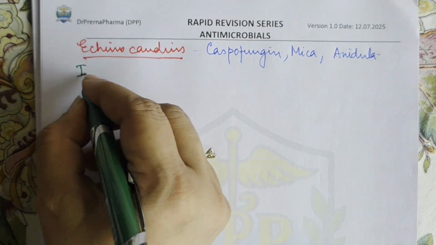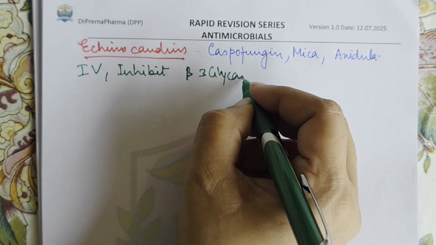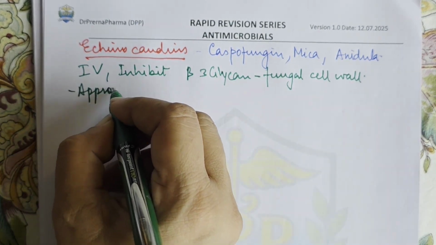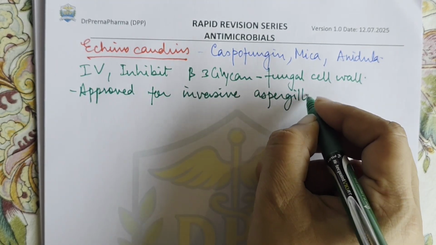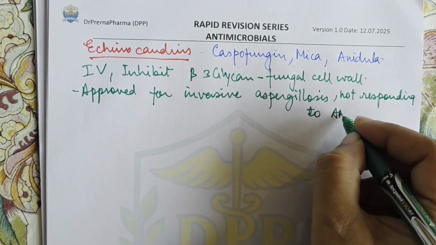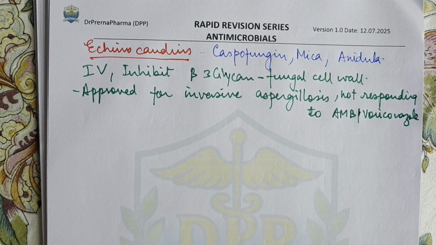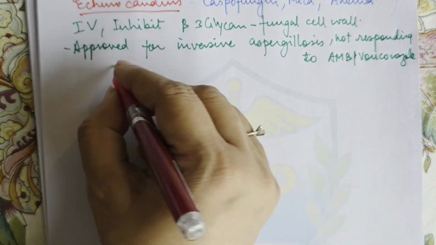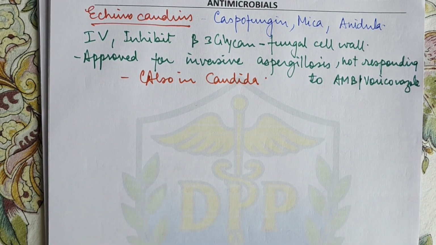They are used intravenously, and they inhibit beta-glucan, which is a component of the fungal cell wall, and they are approved for invasive aspergillosis which is not responding to Amphotericin B or voriconazole. Okay. This is quite non-toxic. So caspofungin is mainly used in aspergillosis and also used in candida, right? So this is echinocandin.